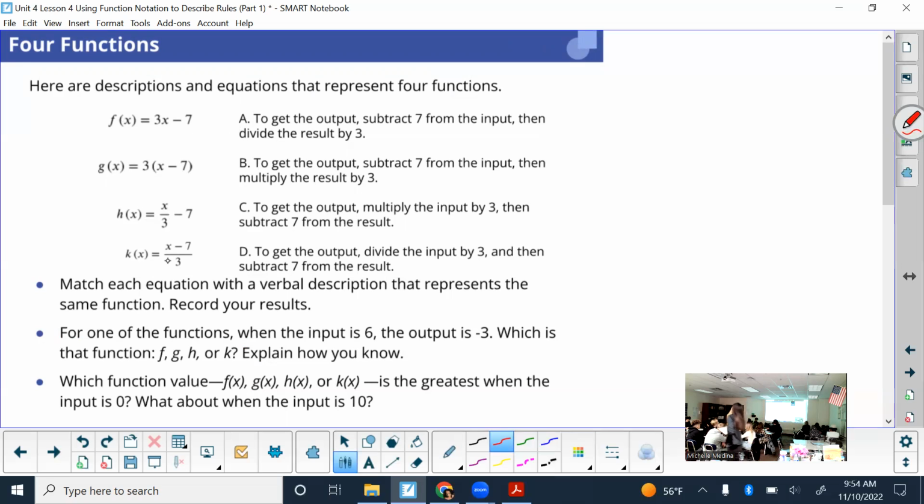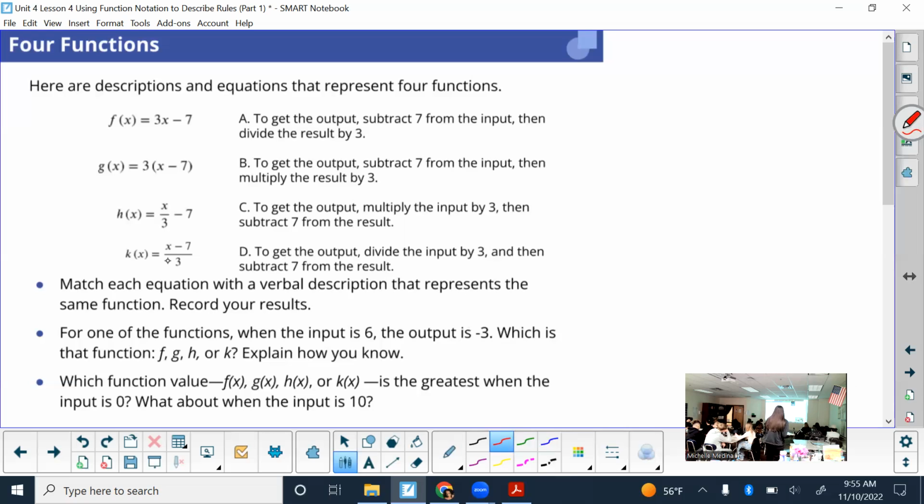A says, to get the output, subtract 7 from the input, then divide the result by 3. B says, to get the output, subtract 7 from the input, then multiply the result by 3. C, to get the output, multiply the input by 3, then subtract 7 from the result.